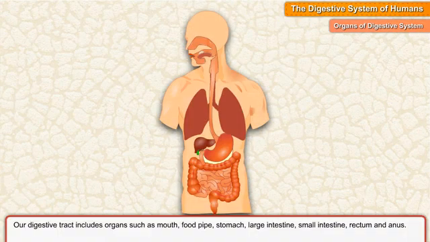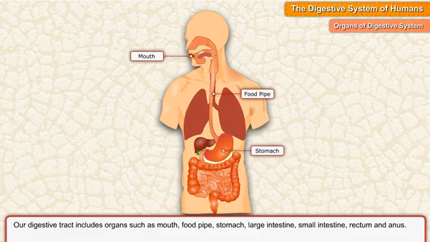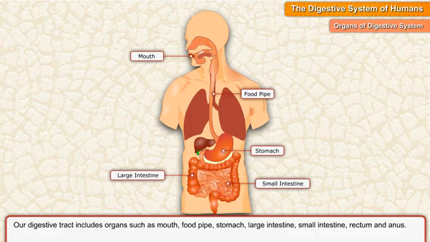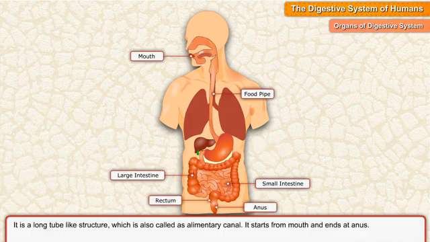Pancreas. Pancreas secretes digestive juice that helps in digestion. Small intestine. Next to stomach, small intestine where total digestion process is completed. Anus. It is an opening through which wastes are discharged out.